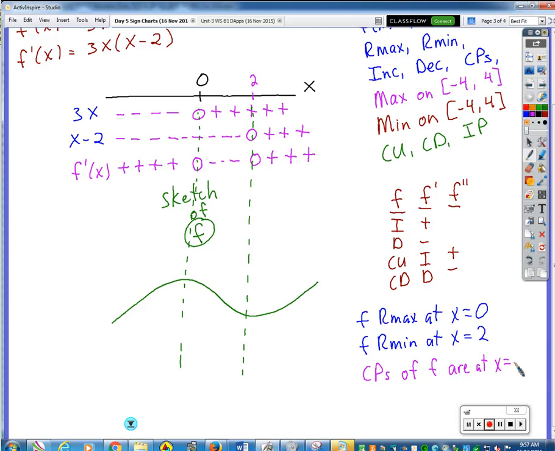Got to get these things memorized better. f has a critical point when the tangent slope of f is equal to 0 or undefined. You should be able to find f's critical points right here. Bam. That's where you find f's critical points. You don't really look here, you look here. What is this? x equals 0.